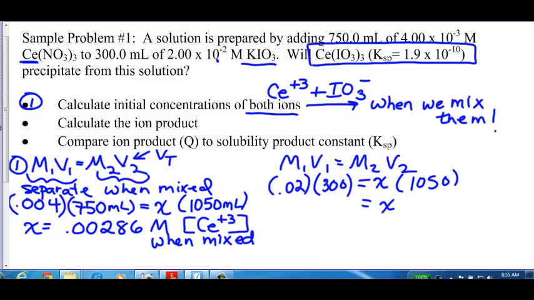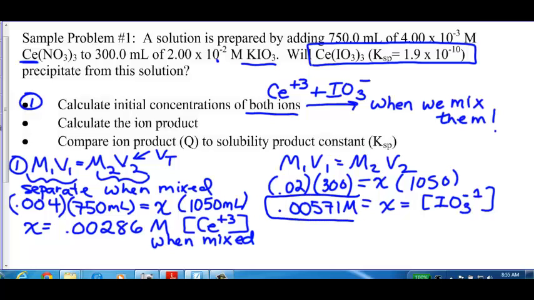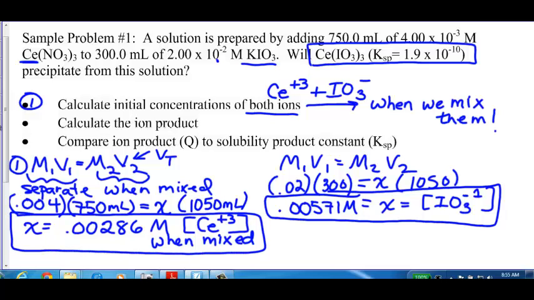So my x, which is my concentration of iodate, looks like 0.00571. So that's step one.